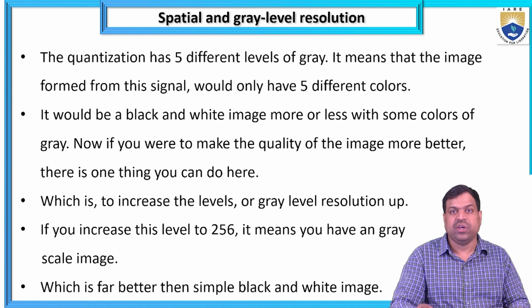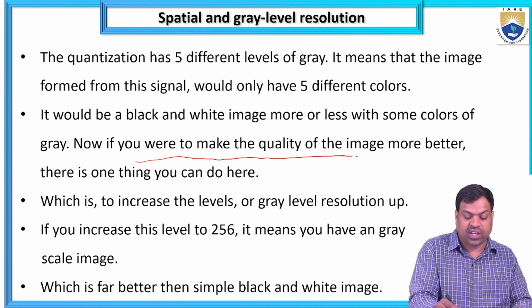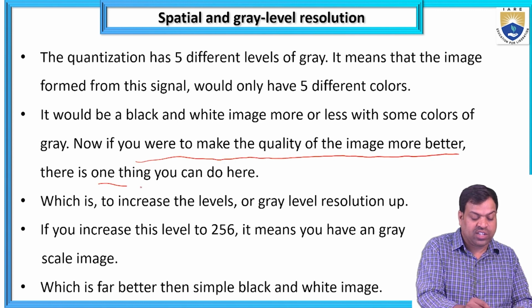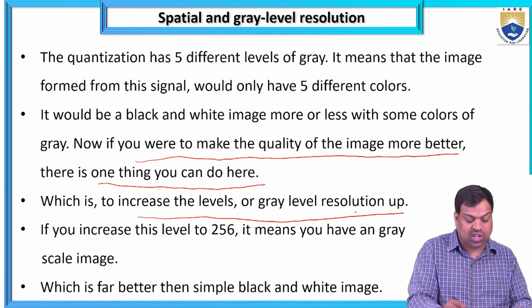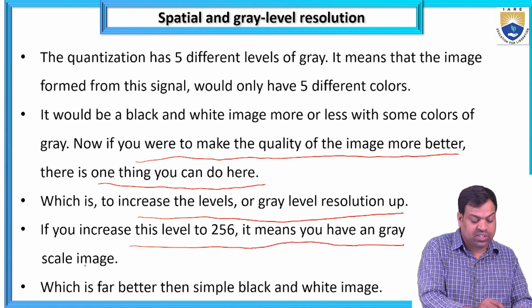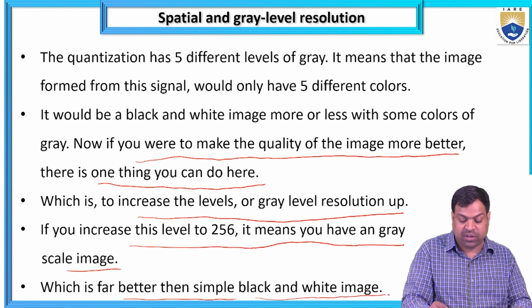It means the image formed from the signal has 5 different shades, and it would be a black and white image with some shades of gray. Now, if you want to make the quality of the image better, there is one thing you can do here: increase the gray level resolution, increasing the levels to 256. You have to increase the gray level scale, which is far better than a simple black and white image.